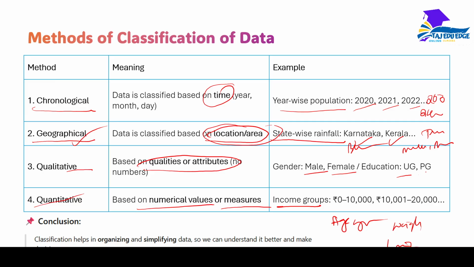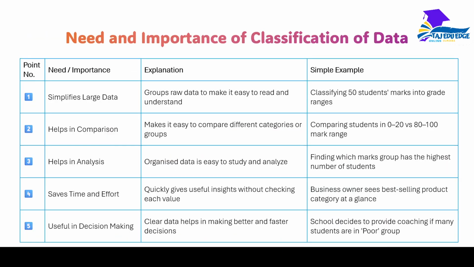Conclusion: classification helps in organizing and simplifying the data so we can understand it better and make right decisions. We also need to understand the need and importance of classification of data. The need and importance is that it simplifies large data.